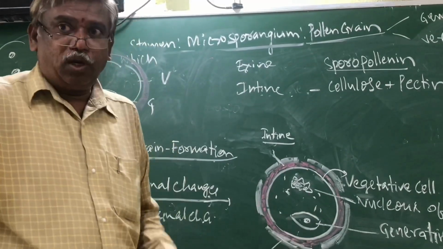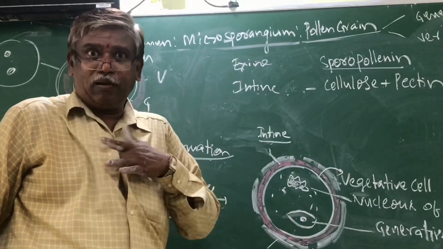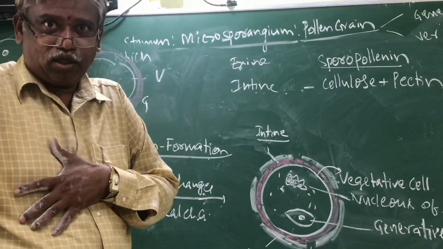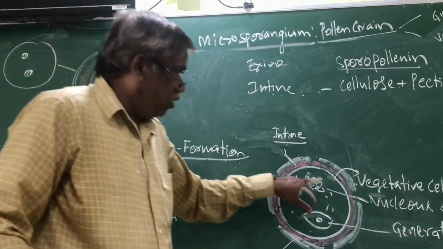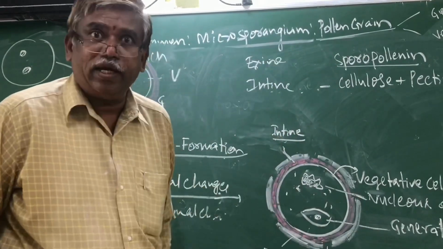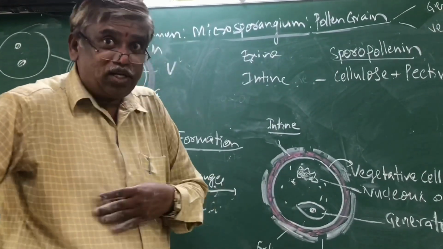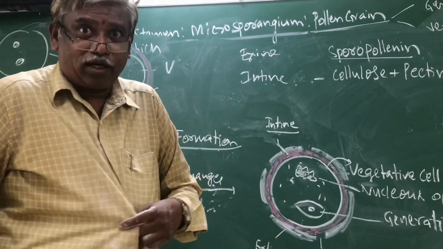Suppose, for example, this is my body. An external shirt is there, an internal banian is there. That means the skin is covered by two coverings. Similarly, a vegetative cell is also covered by two layers, exine and intine. The shirt is nothing but exine, the banian is nothing but intine.